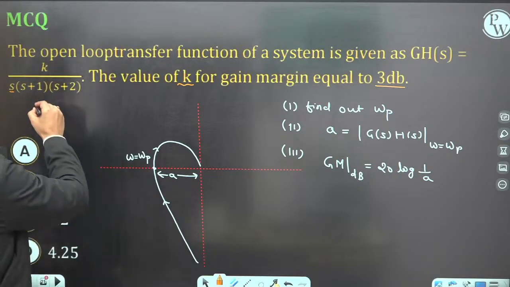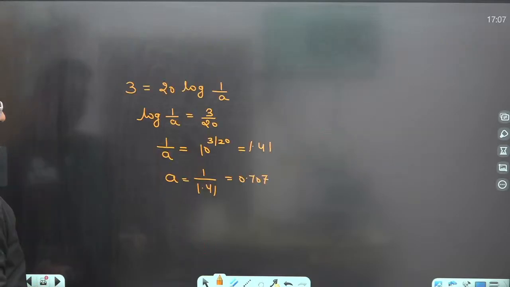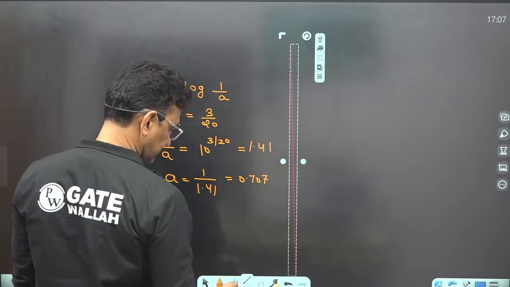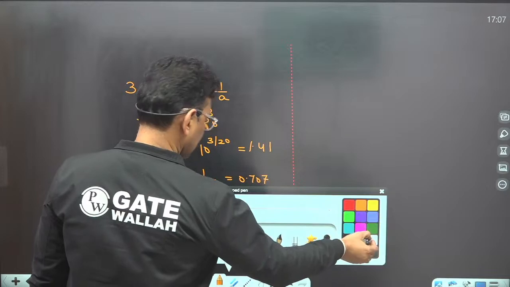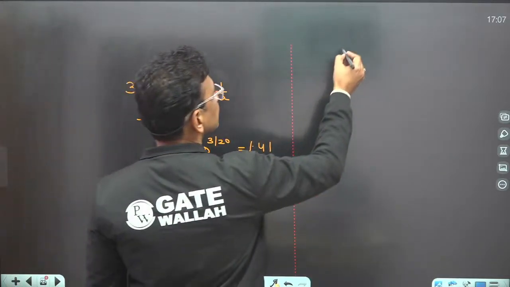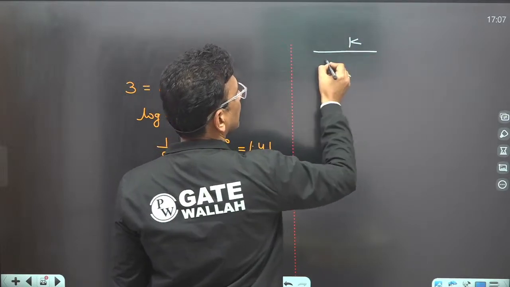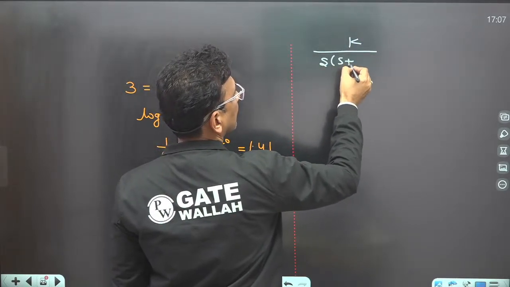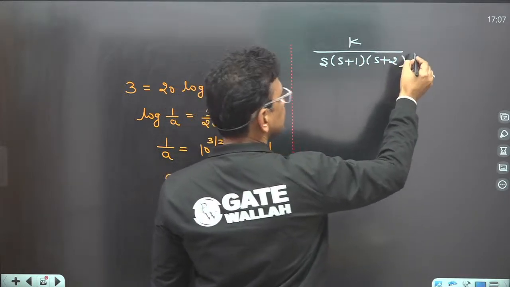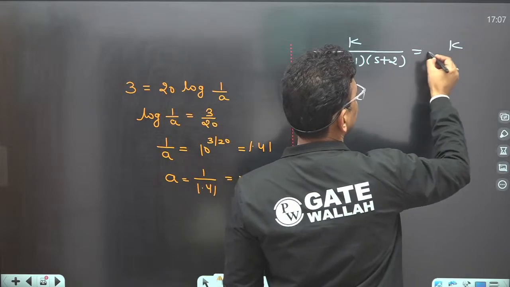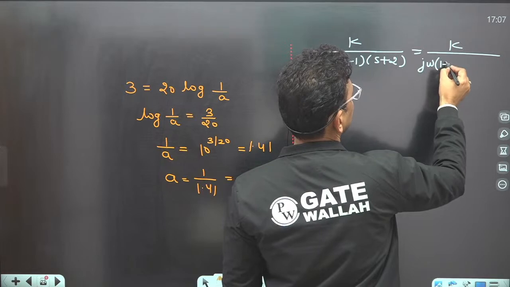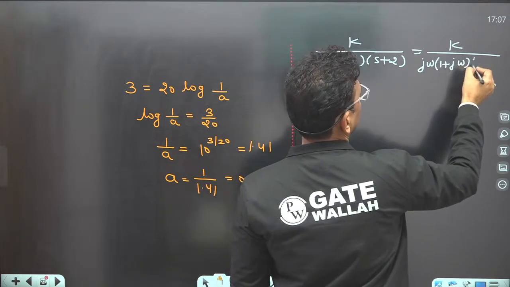So how to find out omega p? See, now I'm going to find out omega p. The open loop transfer function is K upon S times (S plus 1) times (S plus 2). If I convert this transfer function into sinusoidal form by putting S equal to j omega, it becomes j omega times (1 plus j omega) times (2 plus j omega).